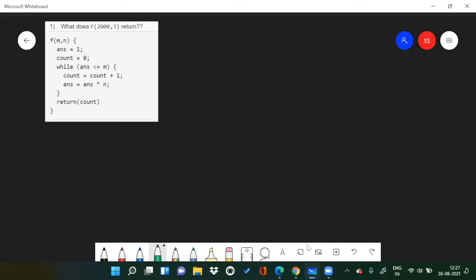Starting with the first line, it says that the function is being passed two parameters, m and n. So write those parameters m and n and assign them the values that have been given to you. The values are 2000 and 3. So 2000 is the value of m and n has the value 3. Perfect.